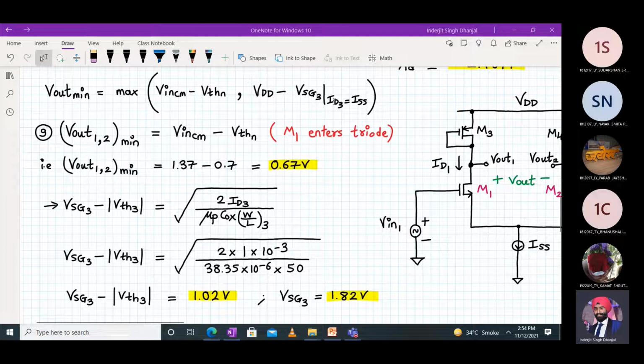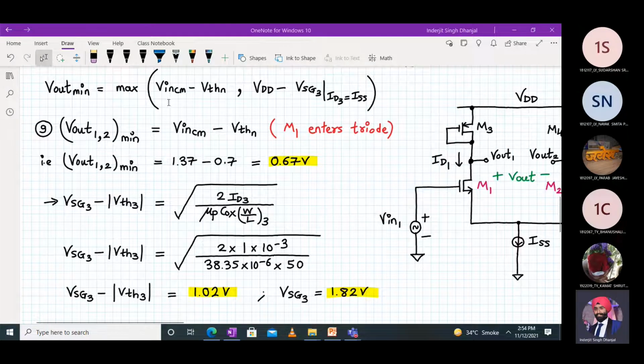Remember your ID3 will be ISS under this special condition only. So your V out minimum will be the maximum of either V in CM minus VTHN or VDD minus VSG3. In this case, your M1 might enter into triode, so all the current will flow through ID3 only.